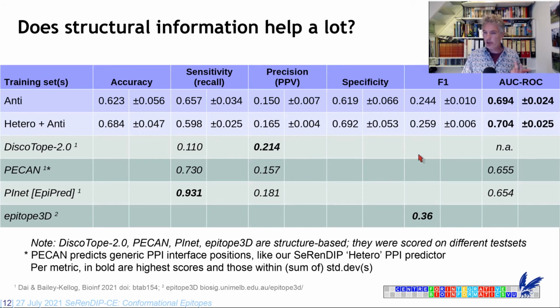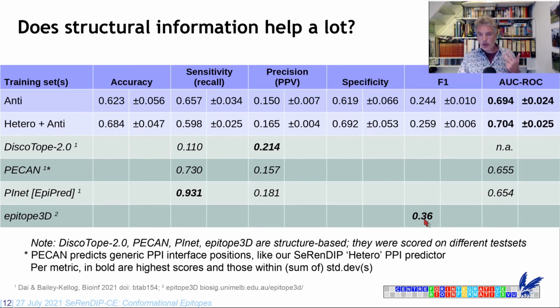And from their website, I could find that their F1 score is 0.36, which is quite a bit better than our F1 score. But unfortunately, these tests were done on different data sets. So this recent benchmark is a different data set, and the Epitope 3D, I'm sure, was also tested on a different data set.